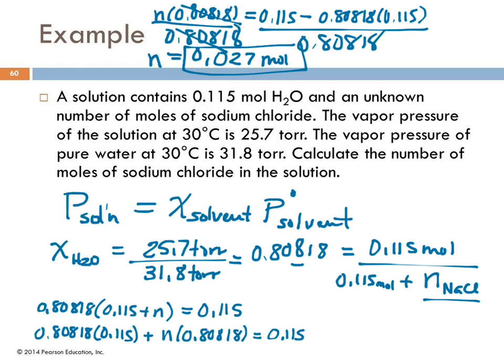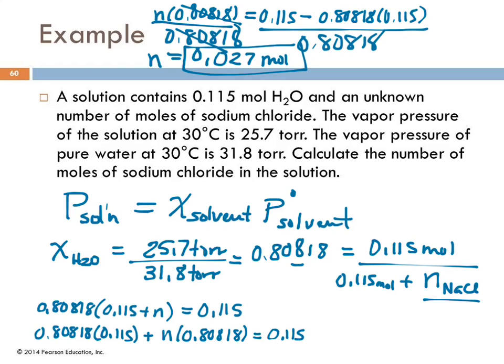Number of moles of sodium chloride. Well, let's think about this. The vapor pressure depends on the number of particles, right?